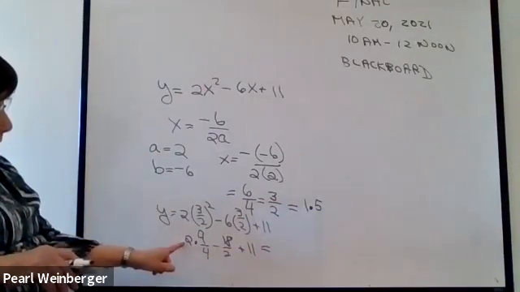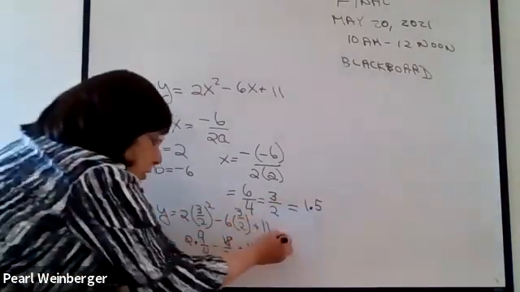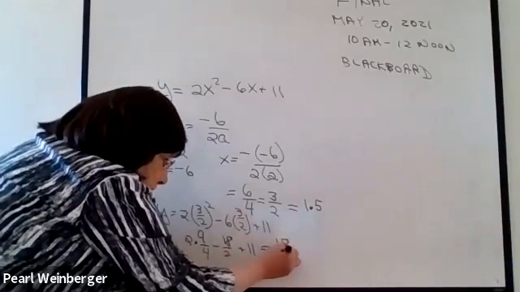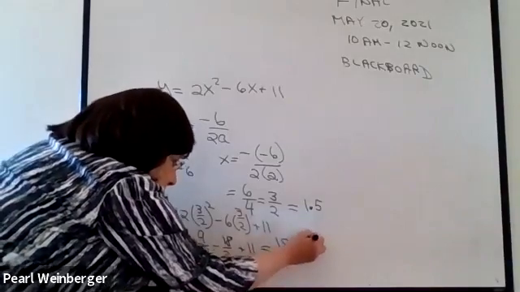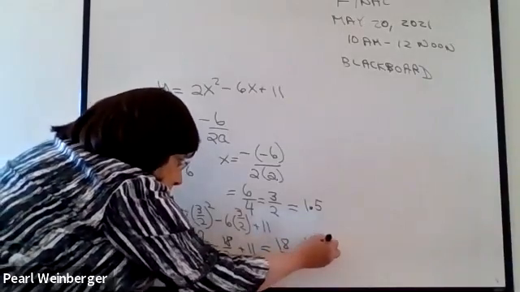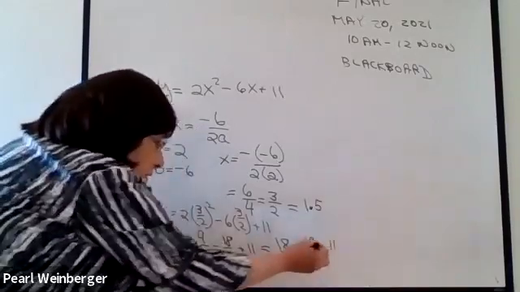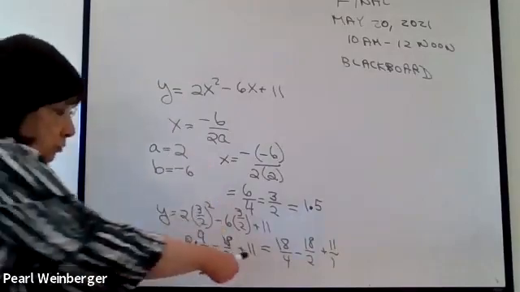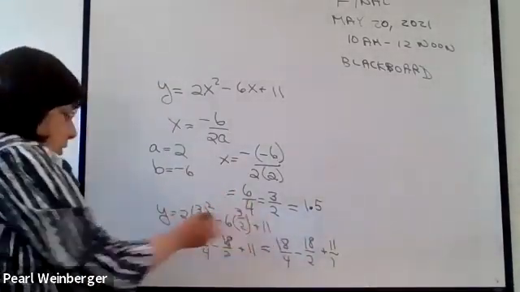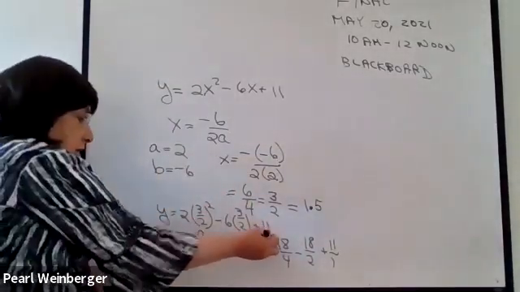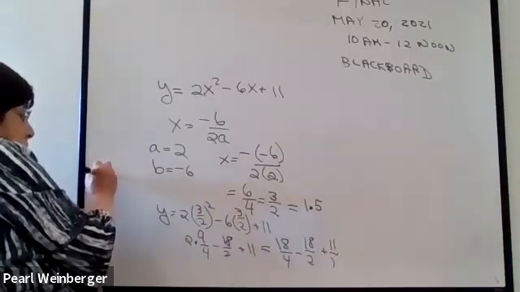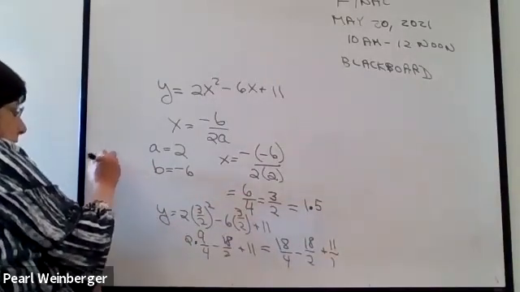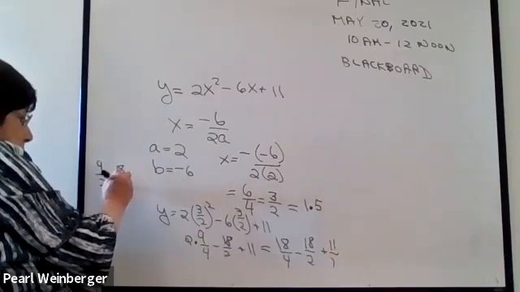Okay, 2 times 9/4 is 18/4 minus 18/2 plus 11/1, and I can reduce this 18/4. The 18/4 becomes 9/2 and minus 18/2.